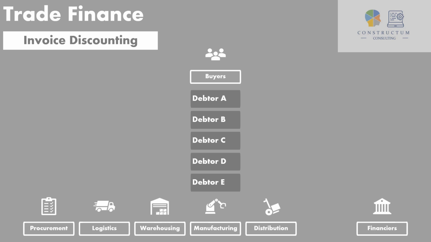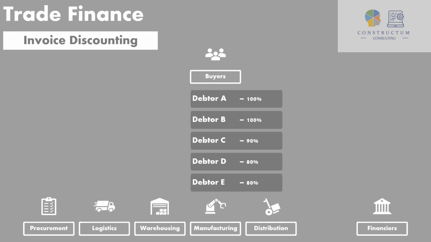The financiers conclude that debtors A and B represent a low risk of defaulting on payments, debtor C a somewhat higher risk, and debtors D and E a medium level of risk. Consequently, the financiers offer a discount rate of 100% for debtors A and B, 90% for debtor C, and 80% for debtors D and E.